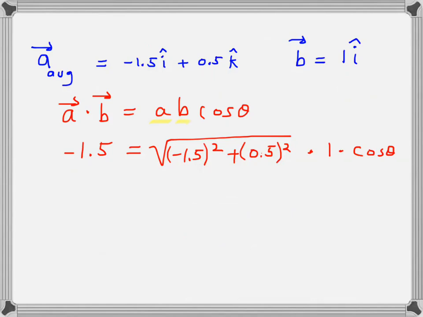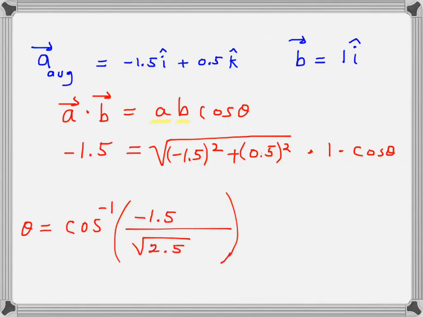Now if we divide both sides by the square root and take the inverse cosine, we have the inverse cosine of negative 1.5 over the square root of 2.5, and then in degree mode, entering that into a calculator, we get the same answer as a while ago, 161.6 degrees.